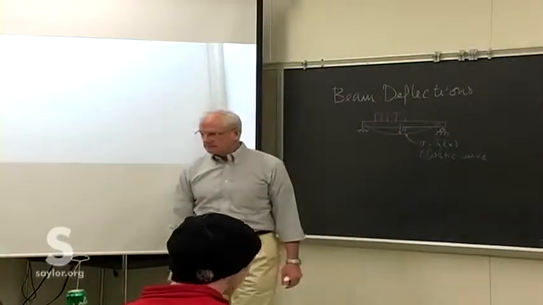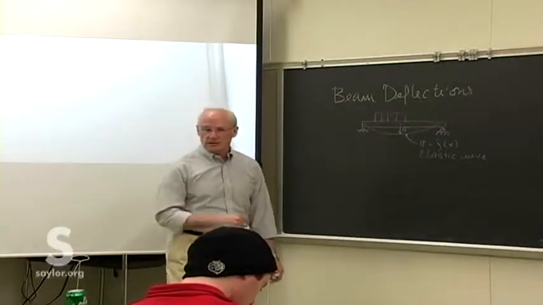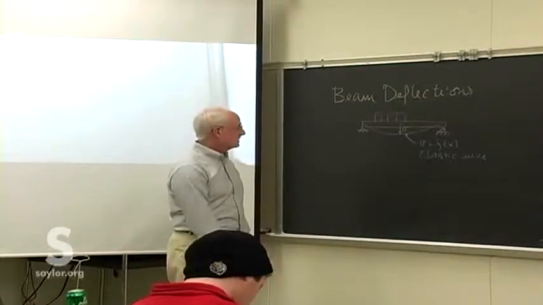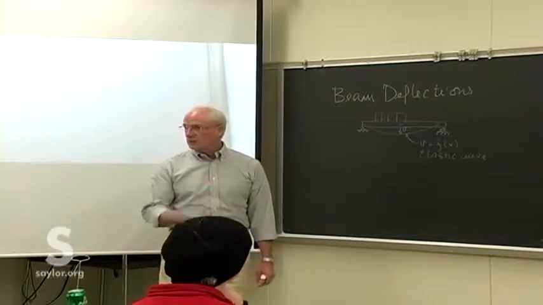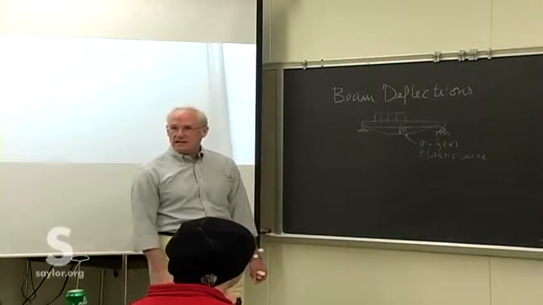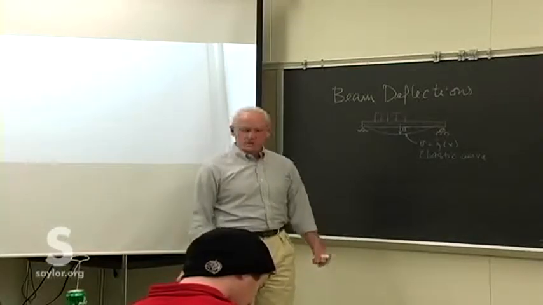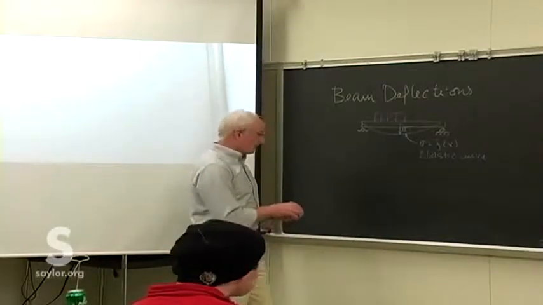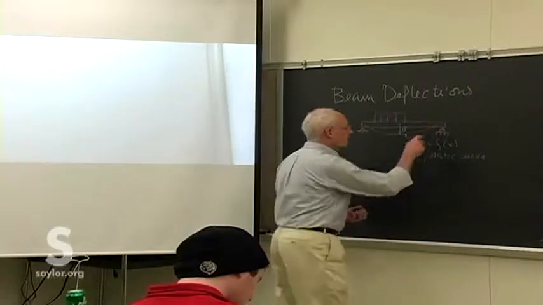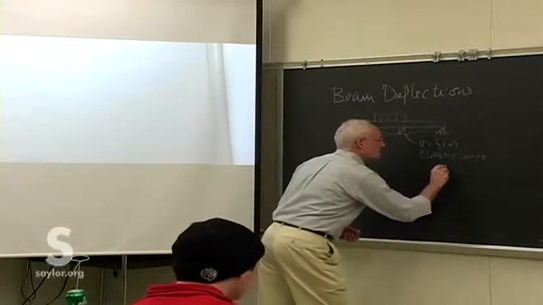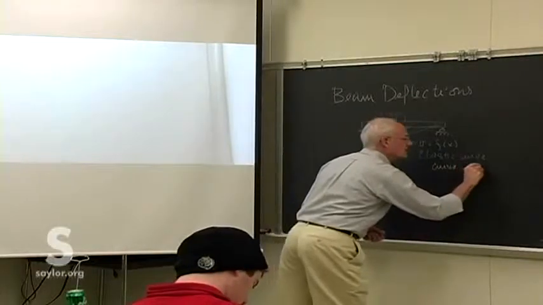Elastic meaning a couple things to us. One is the beam will, if not pushed too far, return to its unloaded state if the loading is removed. But elastic also had to do with the fact that this curve is continuous.